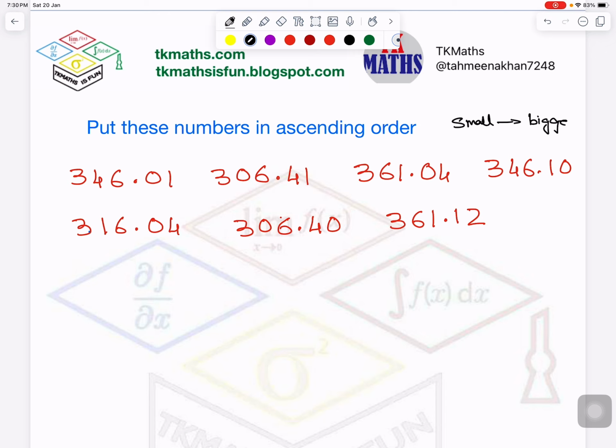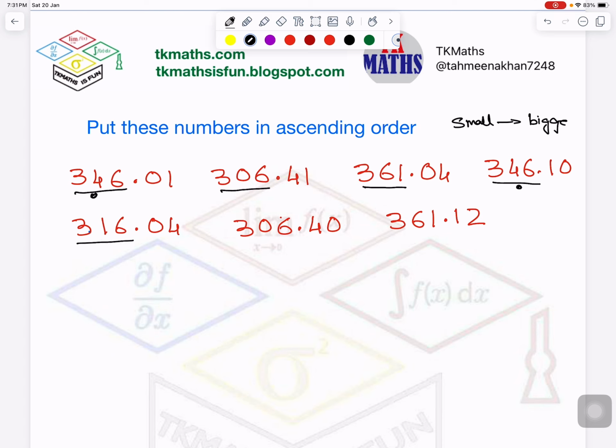So if I just read the numbers before the decimal, the first one is 346. I'm reading the later part later. Right now only these: 346, 306, 361, 346. Now 46 appears twice here and here.